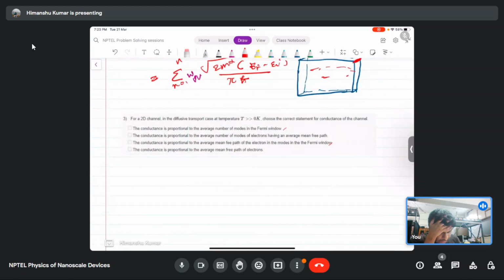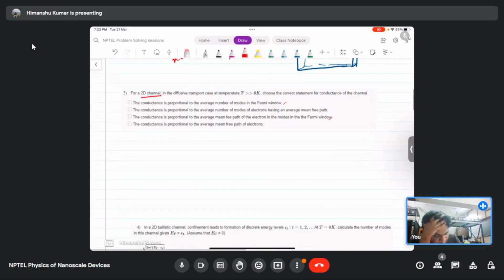Okay, the next problem talks about a 2D channel, the diffusive transport case at temperature T very large than 0. Choose the correct statement for the conductance of the channel.